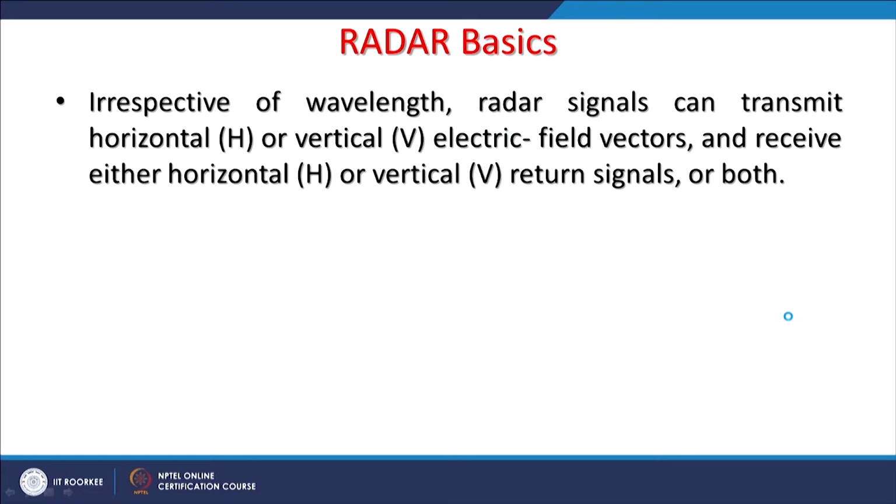Now, whichever wavelength is being used, radar signals can transmit in two, horizontal and vertical electric field vectors, and can also receive in the same way, that means either horizontal or vertical return signals. So, that is another advantage with microwave, that we can have signals in either horizontal or vertical electric field vectors.